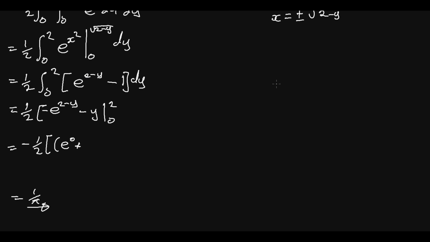Okay, it's a plus now because the minus is outside. So it's a plus 2 here, minus lower limits. So it's e raised to 2 minus 0. So therefore e raised to 2 plus. Okay, it's just a 0. Okay. So therefore this is equal to.